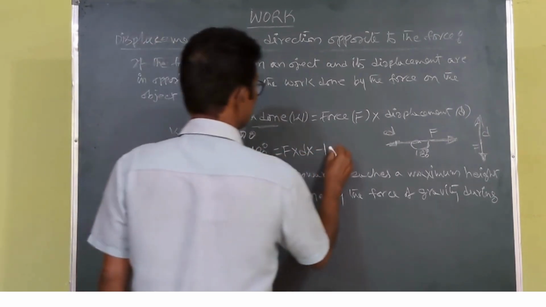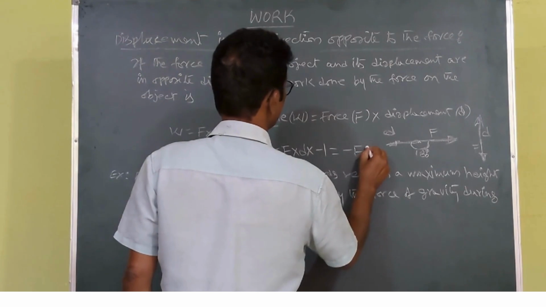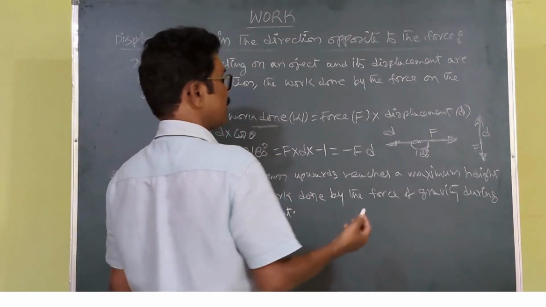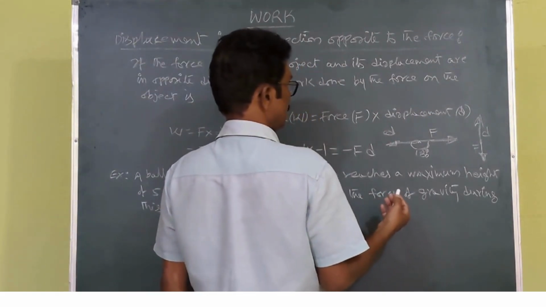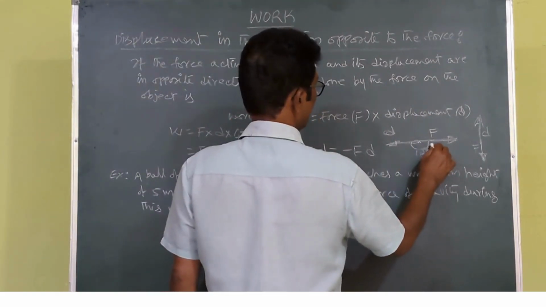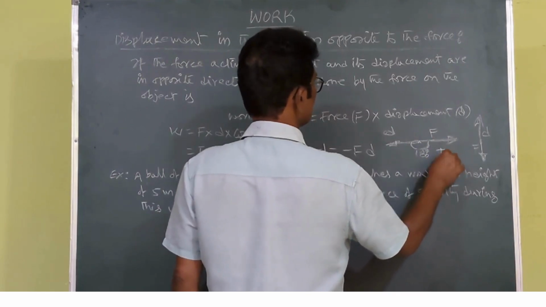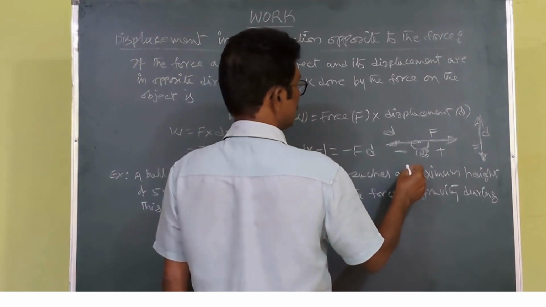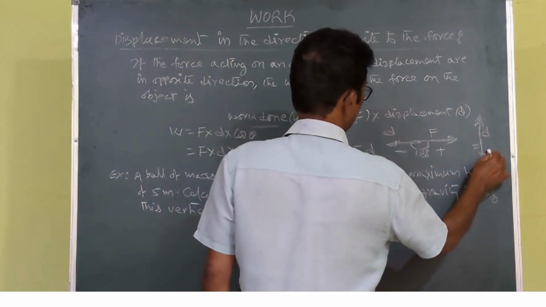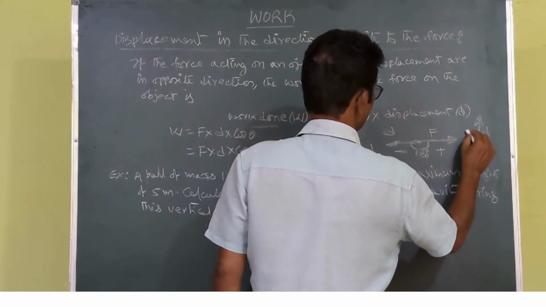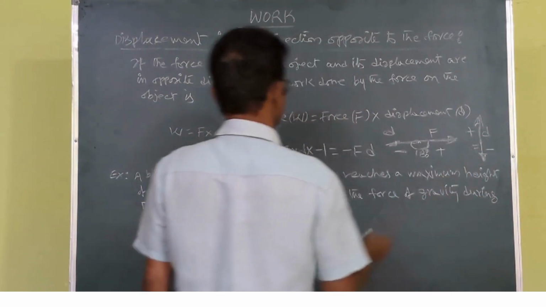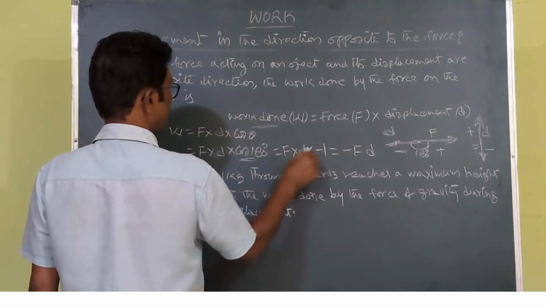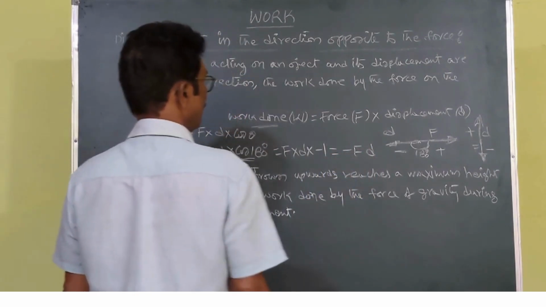Therefore work done is minus F into d. Or you can follow another sign convention: moving from left to right is plus, right to left is minus, and going up is minus. But cos 180 degrees is minus 1, so therefore minus F into d.